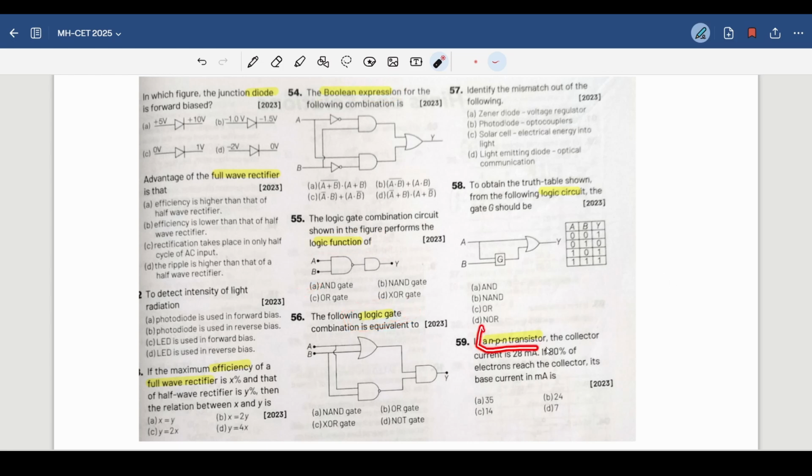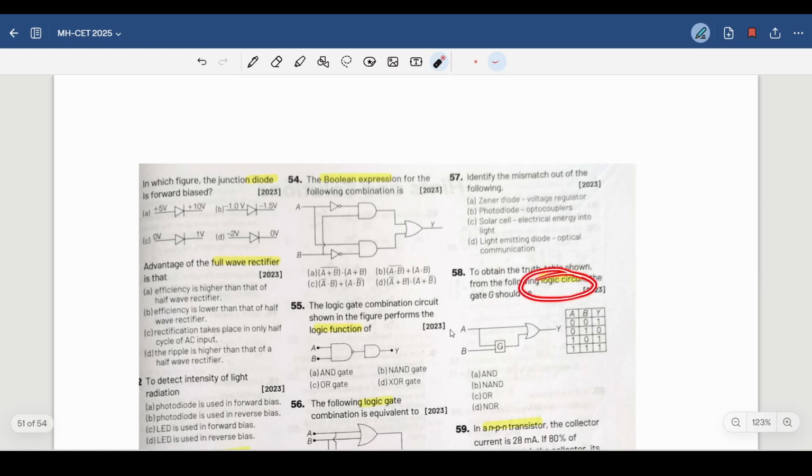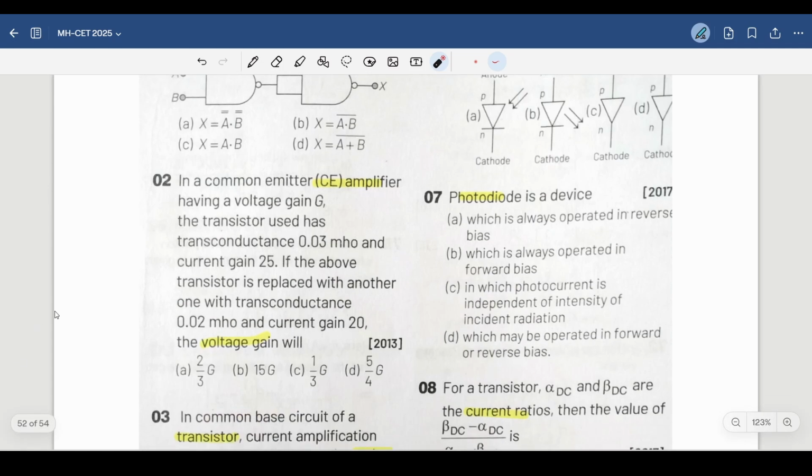Next you can see over here a question on the NPN transistor, and they have asked us to calculate the base current. Then one more question on logic gates, right? Then one more question on logic gates. Now here they have asked a very simple question, just the symbol of an LED, right?